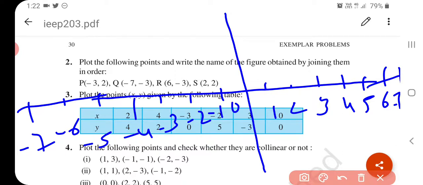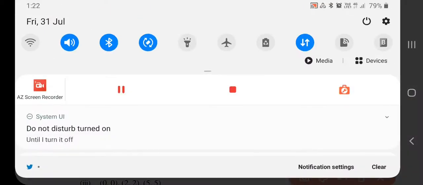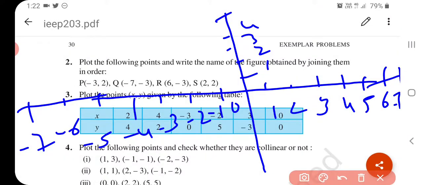And here on the y axis, 1, 2, 3, 4, 5, and on the minus side -1, -2, -3, -4. So where is (-3, 2)?